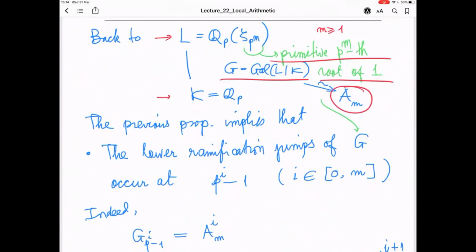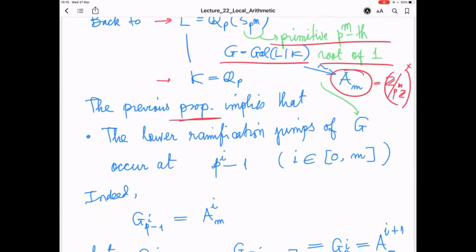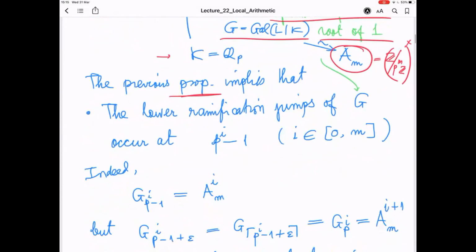We know that it's isomorphic to A_m, which is defined to be (Z/p^m Z)^*, and the proposition that we had proved last time amounts to saying that the lower ramification jumps of this G occur at p^i minus 1 for all i between 0 and m.